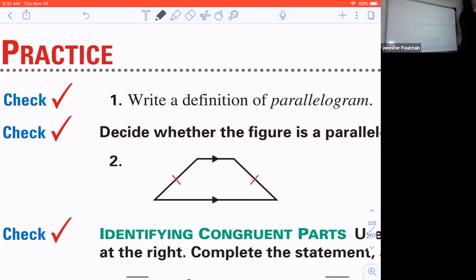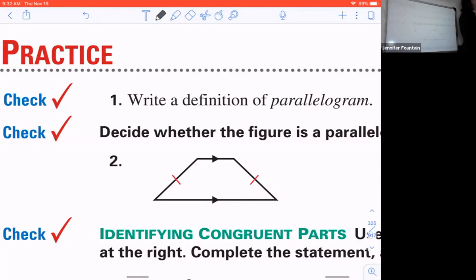What else do we know about it? What else does it have two pairs of? Angles. Two pairs of congruent angles. So two pairs of parallel sides, two pairs of congruent angles.